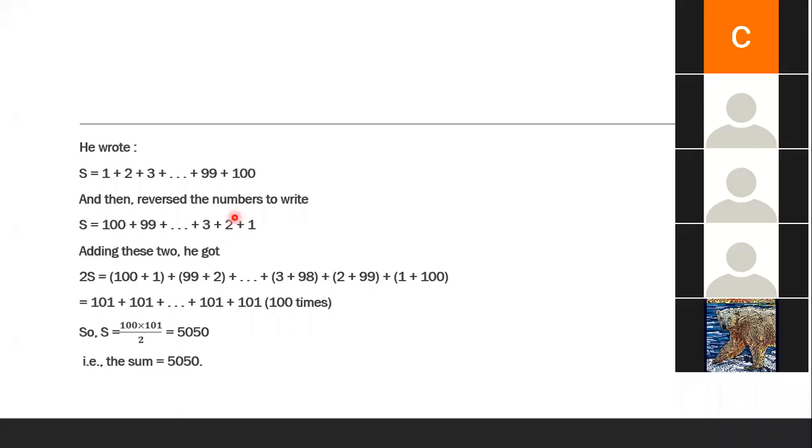I'm adding these two. Left-hand side S plus S, 2S. The first term, 1 plus 100, is 101. 99 plus 2, same thing, 101, 101, 101. So 100 times I'm getting 101. So S becomes 100 times 101 by 2, which is 5050. Any doubt in getting this, children? Before getting the formula of the sum of the first n terms, we'll see some examples.